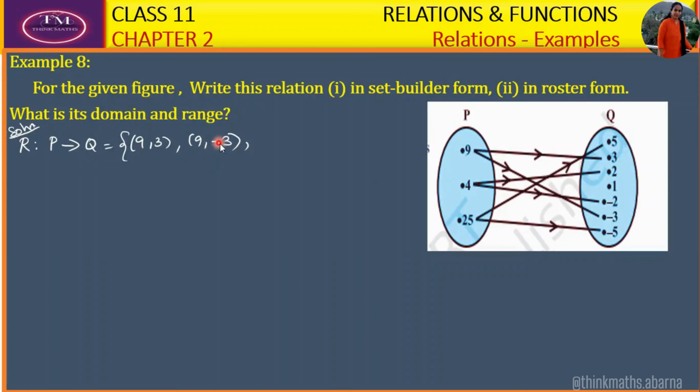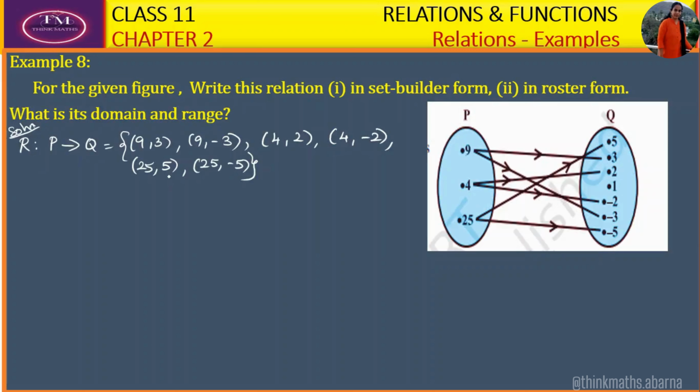So it is (4, 2) and (4, -2). Next, 25 is marked to plus 5 and minus 5. So it is (25, 5) and (25, -5). So these are the ordered pairs for the given relation.